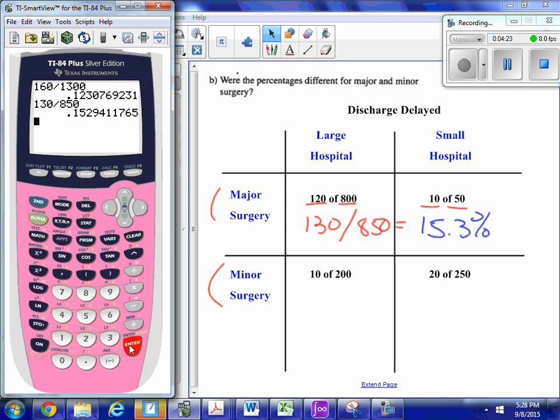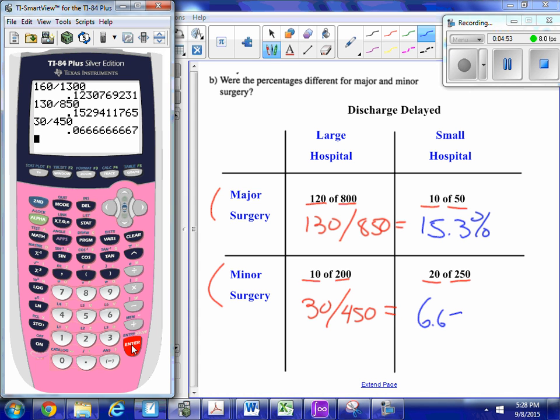What about minor surgeries? Well, I had 10 delays and 20 delays, so I had 30 total delays, and that was out of 200 plus 250. That was out of 450 surgeries. 30 divided by 450 equals, well, it looks like only 6.67% were delayed for minor surgeries.